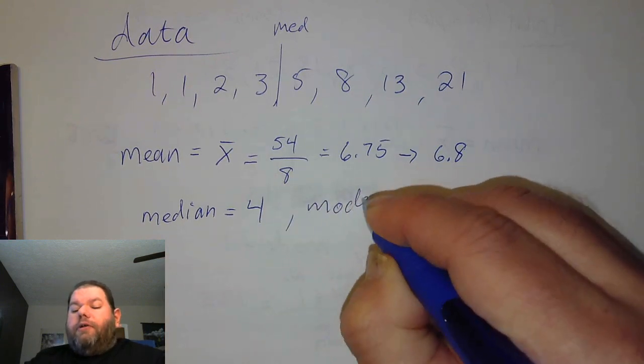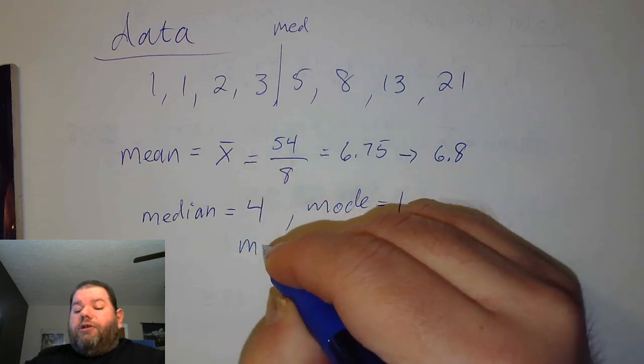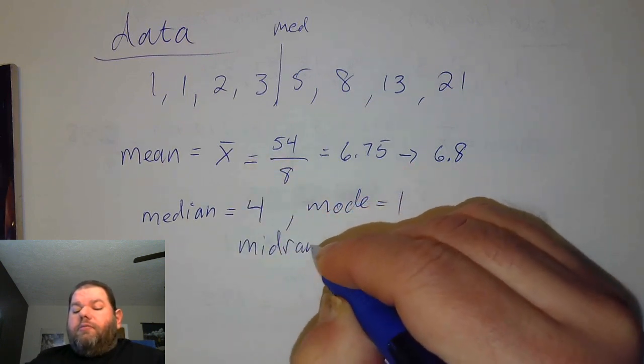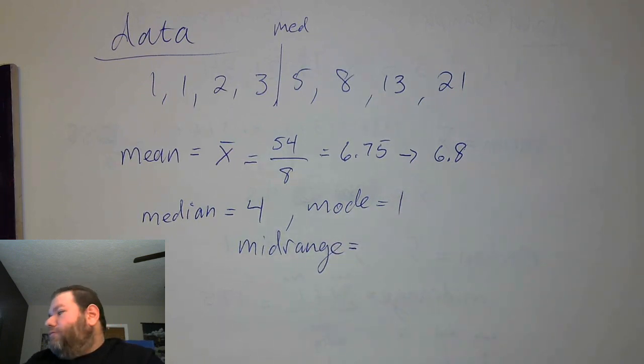Our mode is still 1 since we haven't really changed that part of the data set. What about the mid-range? Mid-range is 11.